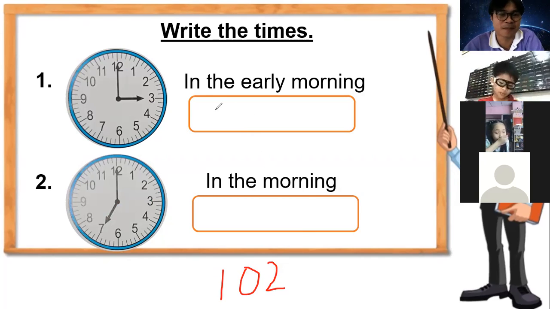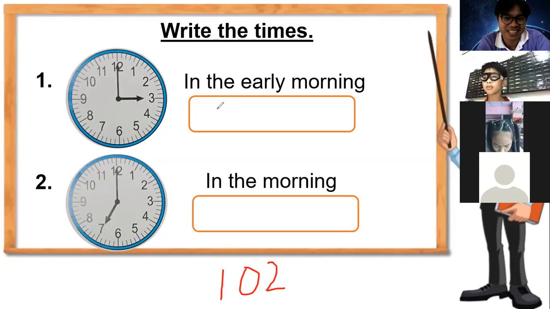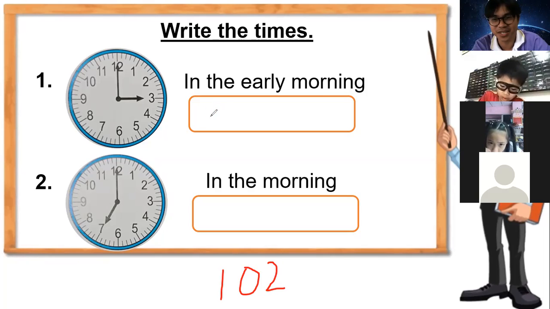Okay. What time is it? Write the times. Number 1, in the early morning. What's the correct answer here? Who can tell me the time? 300 hours.